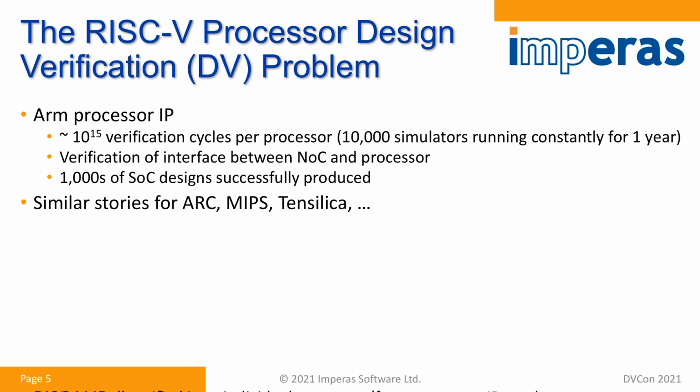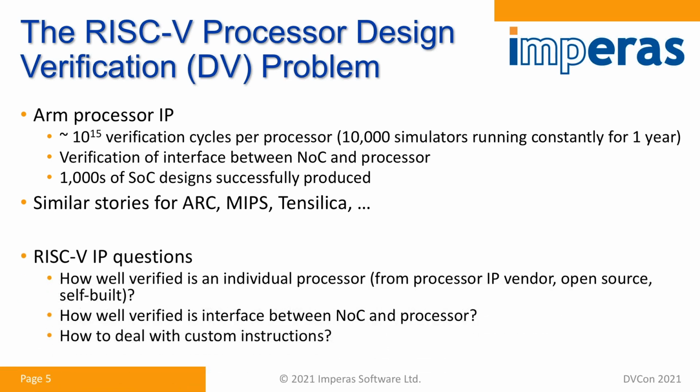That's a lot. There's verification of the interface between the network on chip and the processor, and thousands of SoC designs with the ARM processors have been successfully produced. And there are similar stories for ARC and MIPS and Tensilica, these existing processor architectures.